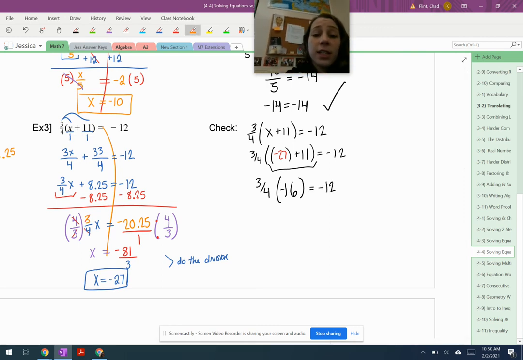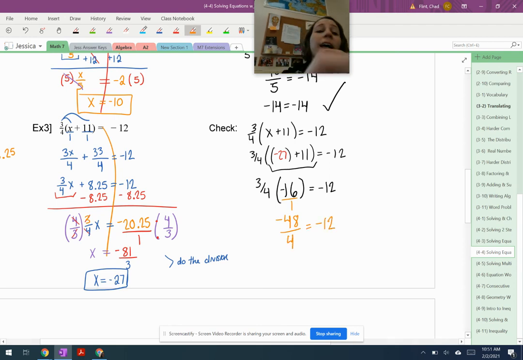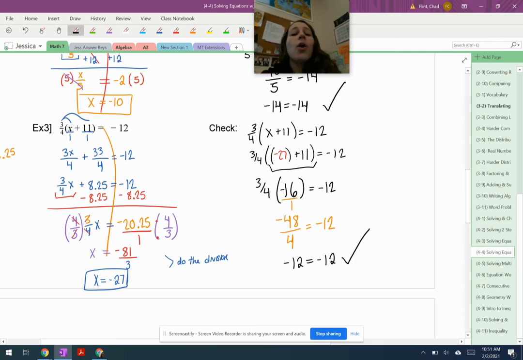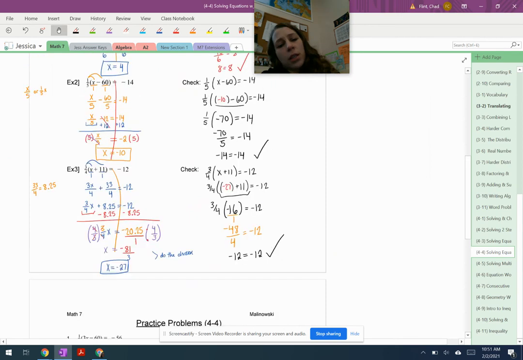Negative 16 over 1 times 3/4 is going to be negative 16 times 3 is negative 48 on the top. 4 times 1 is 4 on the bottom. And last final step, do that division. Negative 48 divided by 4 is indeed a negative 12, which is equal to negative 12 on the other side, which proves my check works out.